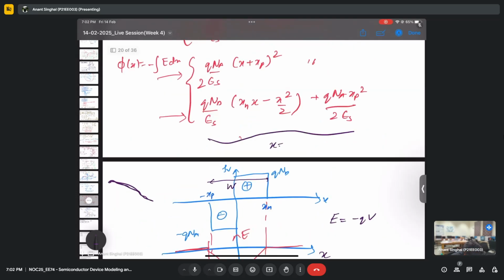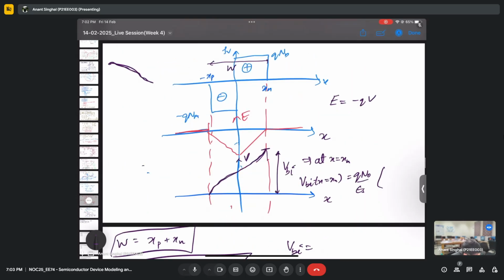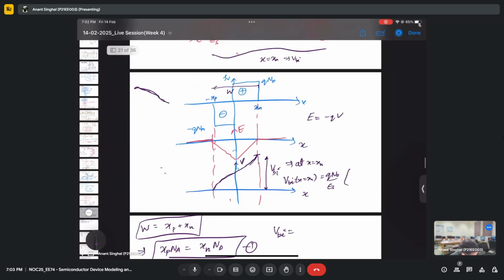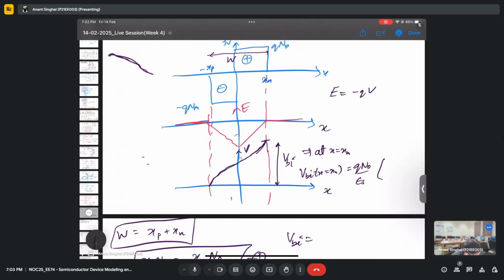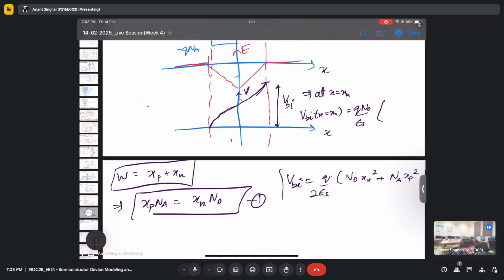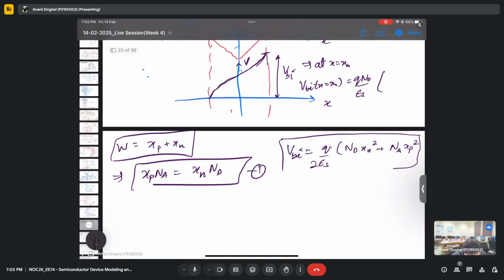If I put x equals xn, then I'll get the Vbi. If you put the value of x equals xn, what you'll get is q by 2 epsilon s, Nd xn square plus Na xp square. This is what you will get after putting x equals xn in that formula.